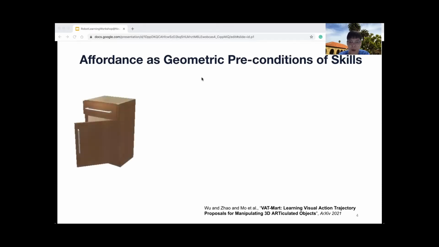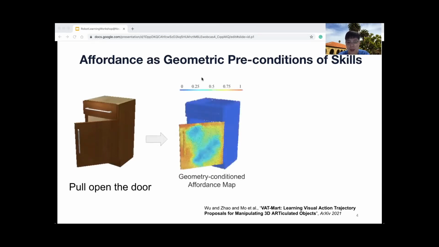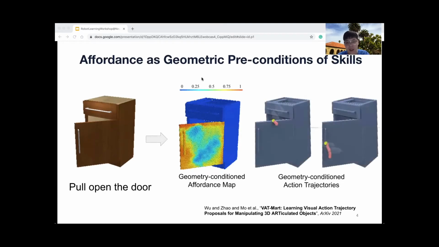For example, given this cabinet and the skill of pulling open the door, we predict where the skill could be applied, namely the geometry-conditioned affordance map, and what action trajectories the skill policy will use, namely the geometry-conditioned action trajectories.